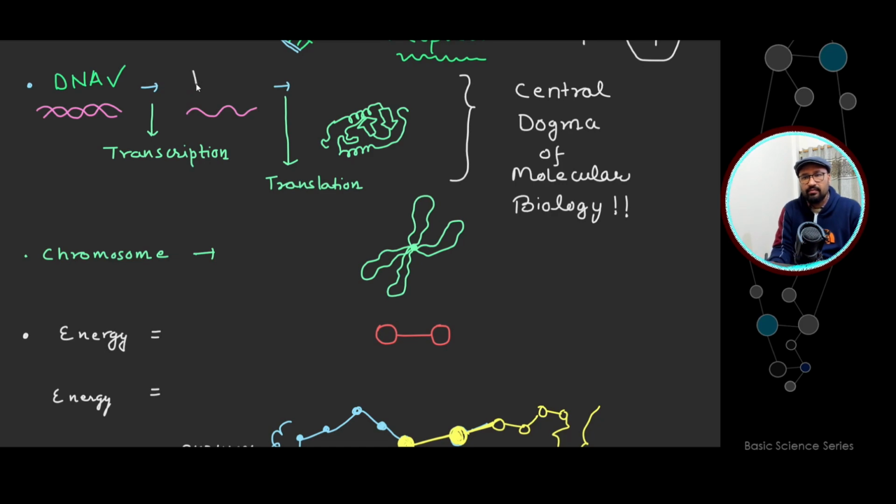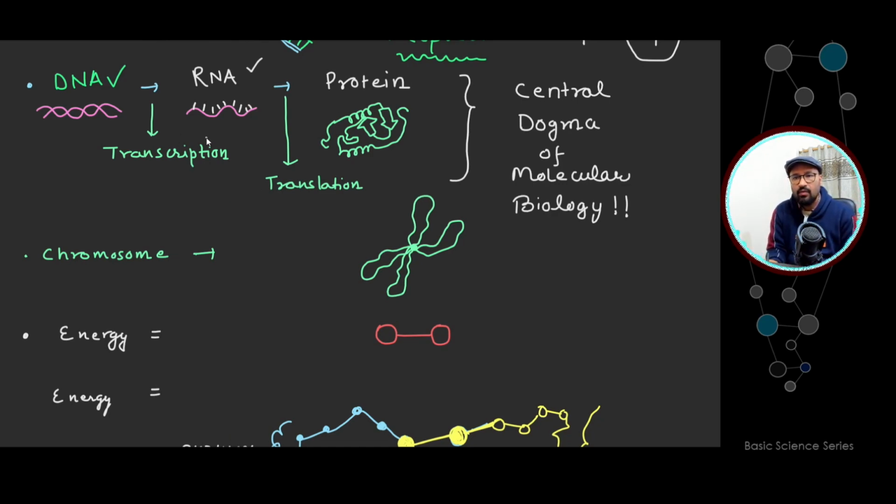I'm just writing RNA, not mRNA in this case, because we need to understand all those things. So you have the single strand mRNA, probably this is the mRNA molecule, and from there you are making a protein molecule. So this is the protein molecule that is being synthesized from the information that was there in the DNA molecule.